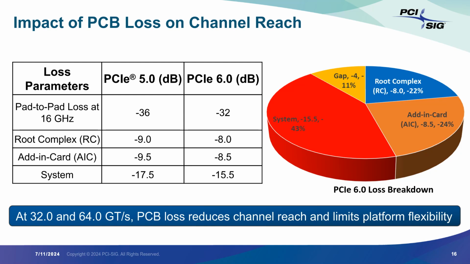And the root complex could be a giant server package, and that takes 22%. So we had a certain gap of 4 dB compared to PCIe 5.0, which we then allocated: the root complex, add-in card, and system all need to improve, not dramatically, but by 1 dB, and then 2 dB from the system, so we can still do that.